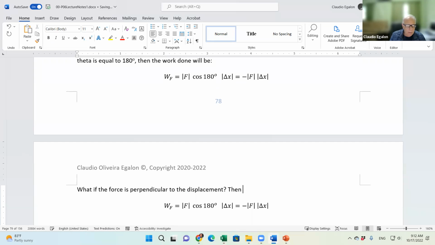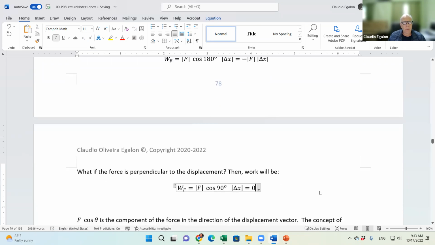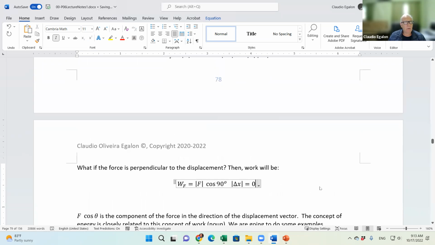Work will be F cosine of 90 degrees. Okay, cosine of 90 degrees is what? Is 0, right? So the work done by a force perpendicular to displacement is going to be 0. Work done by a given force.